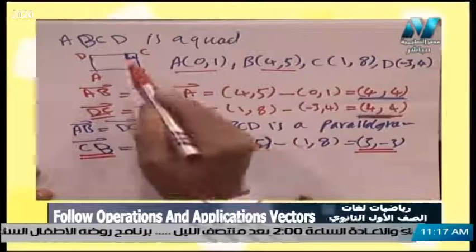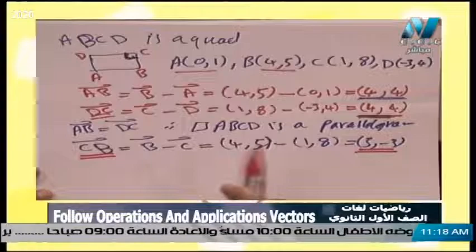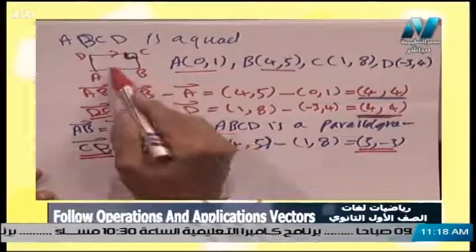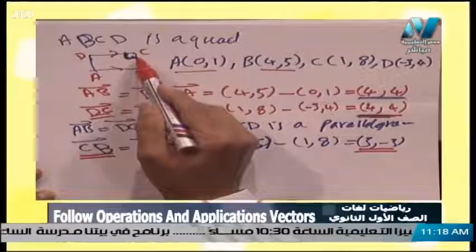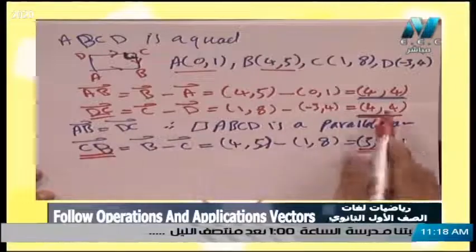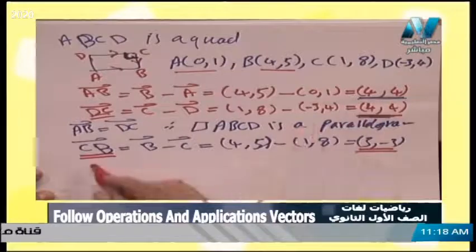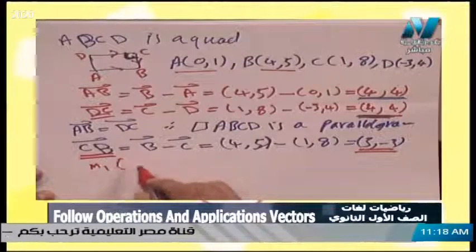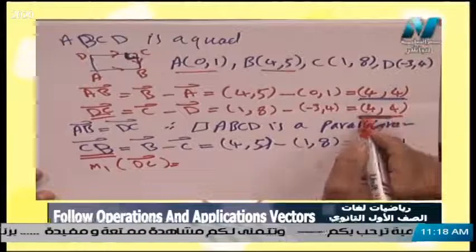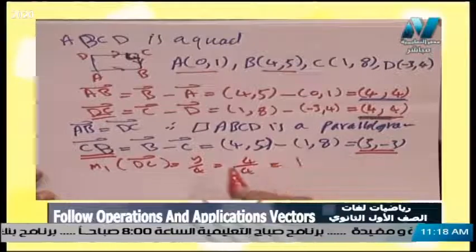To prove that this angle is right, we have to find the slope of DC and the slope of CB. The slope m1 of DC equals y over x, which is 4 over 4 equals 1.